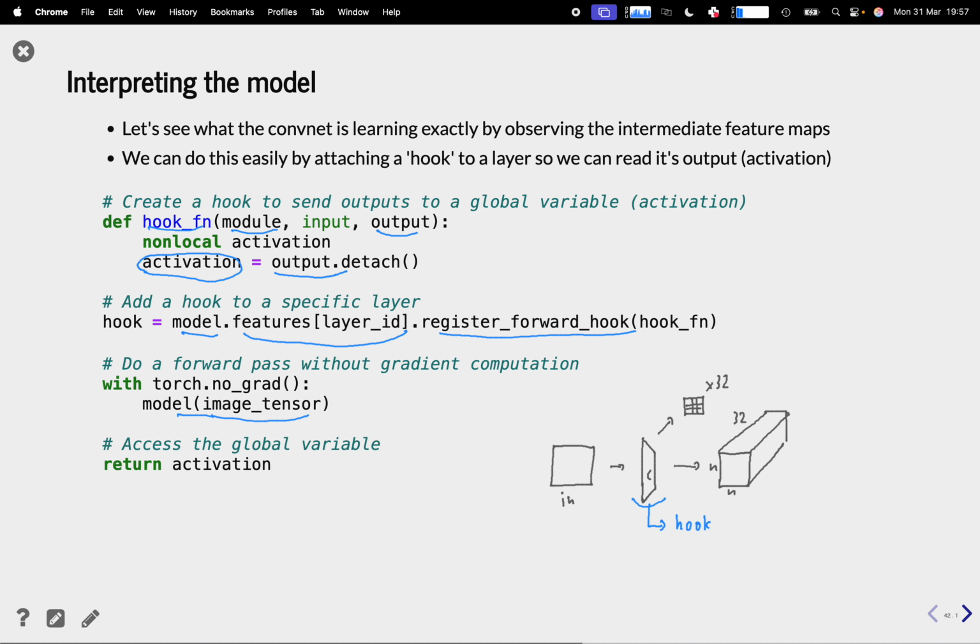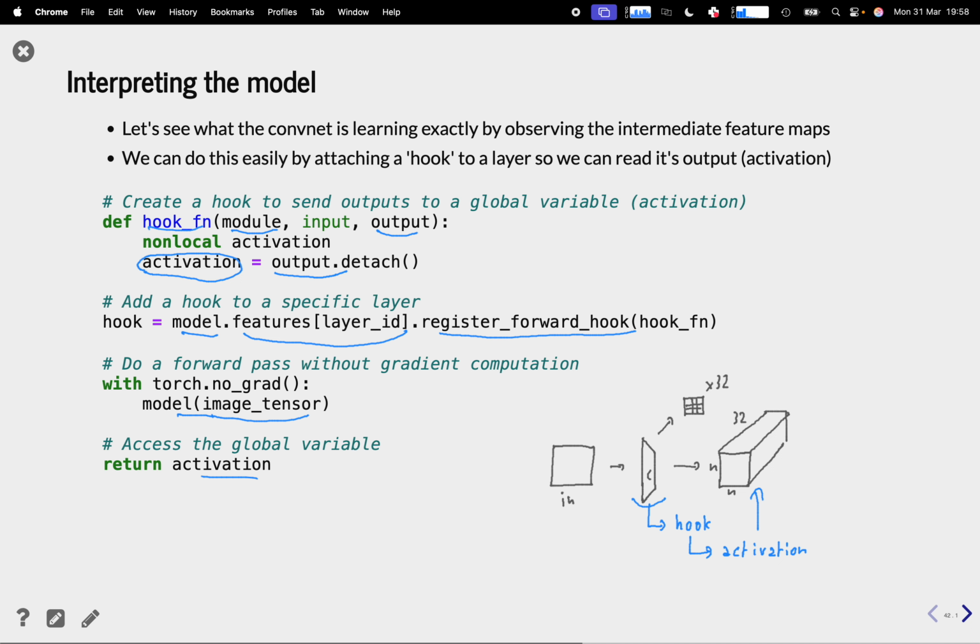When that image passes through this layer, the hook is going to store the output in this global variable called activation. And this will be exactly this output tensor. I'm going to return that when I'm done. And so now we can choose different input images, feed them forward, and we can look at the activations.